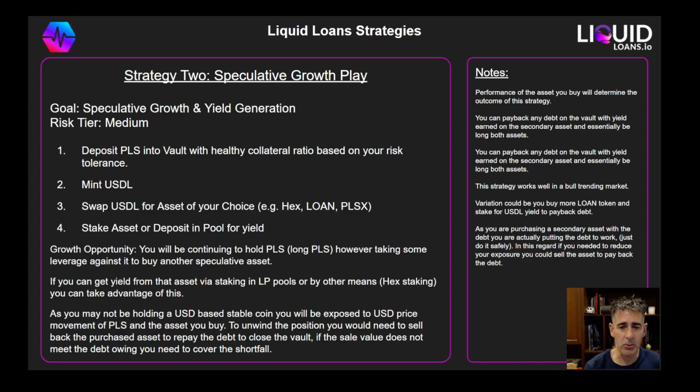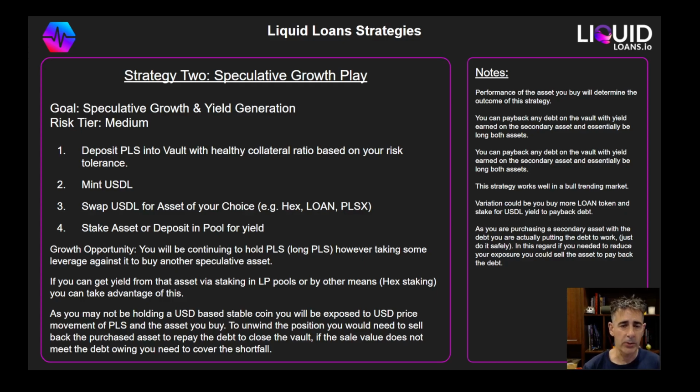These are just 3 examples. And the reason why I like HEX and LOAN is there's some unique characteristics of those particular assets, and we'll discuss that. Okay, so with those assets that we purchase, now it could be a straight out, I'm going to go buy token XYZ because I think it's going to go 100x.